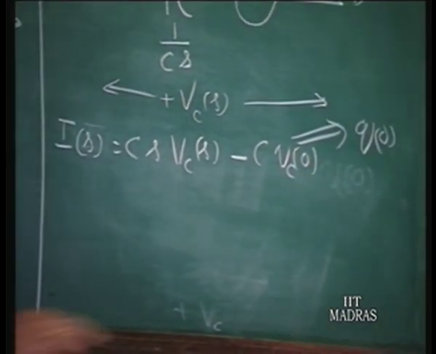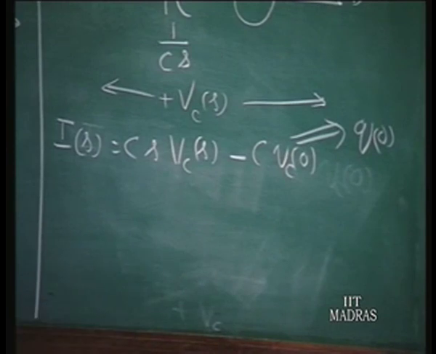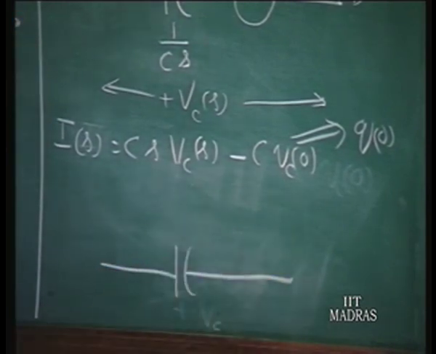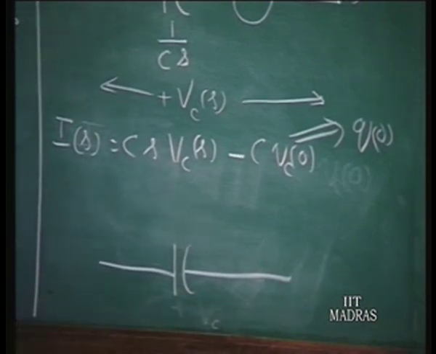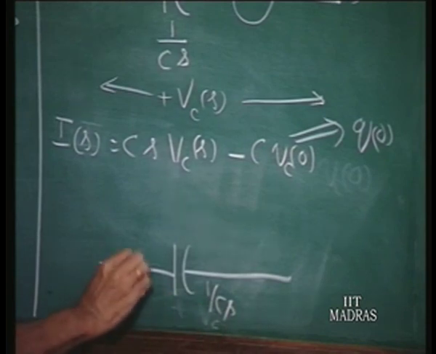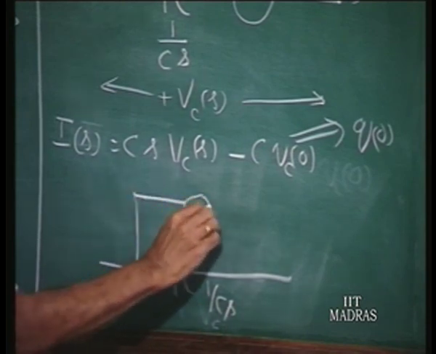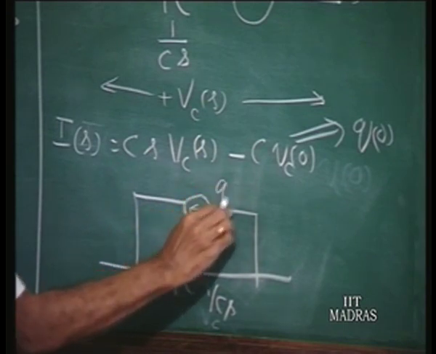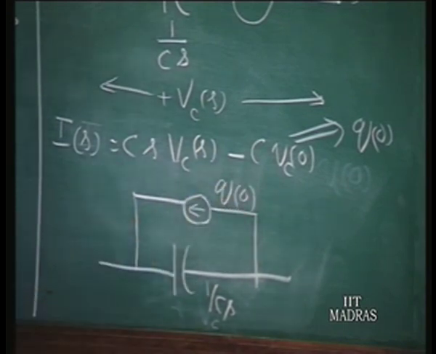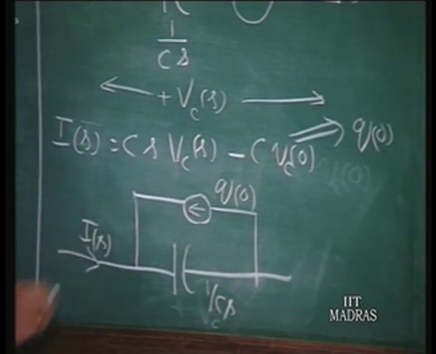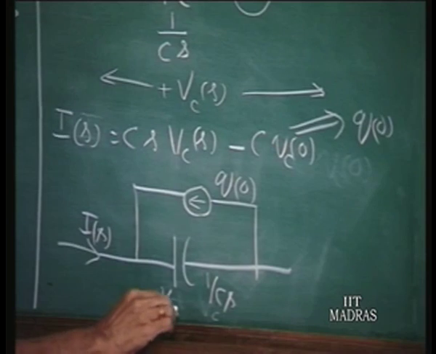Therefore, I can represent this equation by means of a circuit like this, whose impedance is 1 over Cs, and in parallel with this we have a current source whose value is Q0 in the transform domain, and the current here I(s), and the voltage across this is Vc(s).